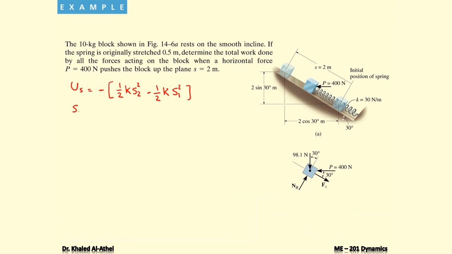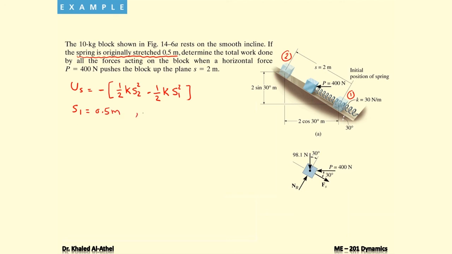So S1, if you read the problem, it says that the spring is originally stretched 0.5. Remember, this is my position 1 and this is my position 2. So in position 1, I don't need to say current length minus unstretched length. I already have the amount, which is equal to 0.5 meters.